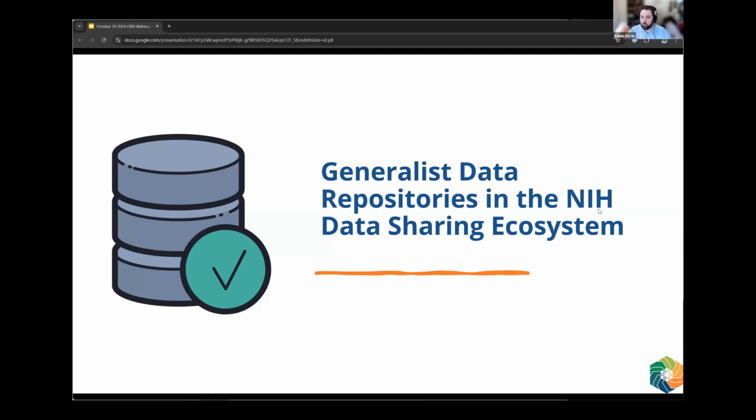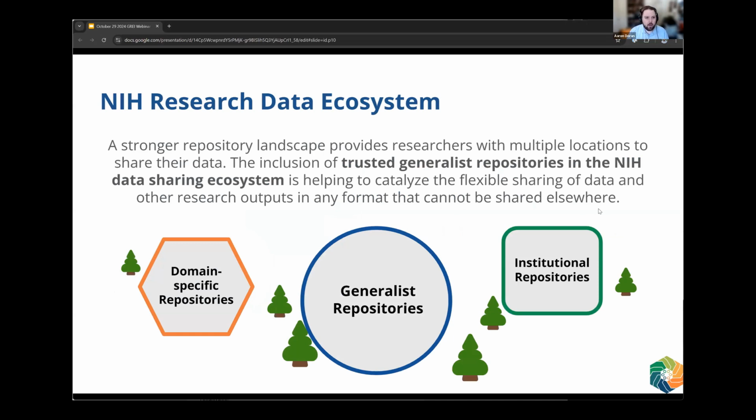And we want to be just one part of that, right? Because a stronger repository landscape is going to make you as researchers, the more places you have to go to share your data, the more options you have, right? The more you can get into something specific or find something in your specific niche.